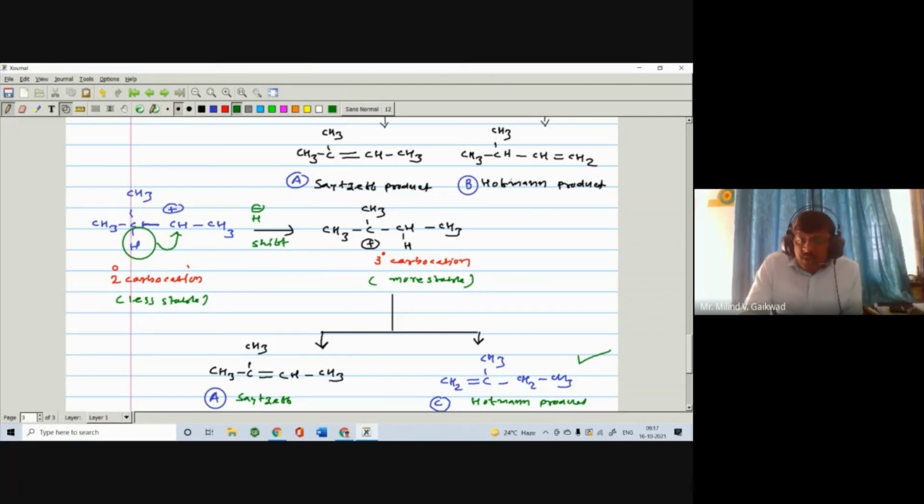In the previous case, Hofmann product B is there; compound B and compound C are different. Compound A is the same, but in this case compound C is there.